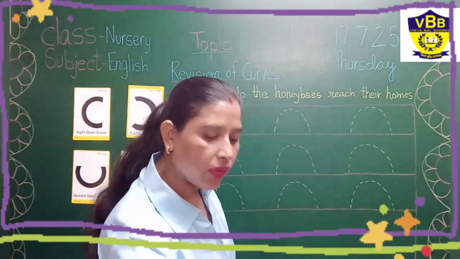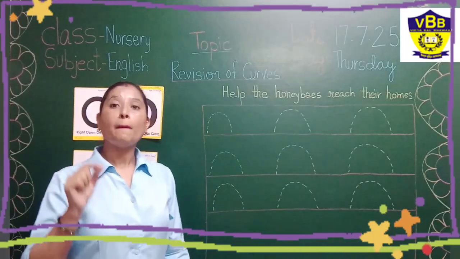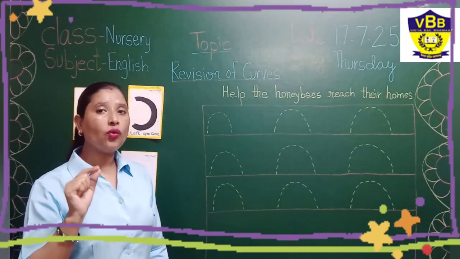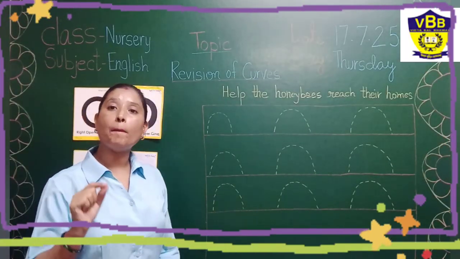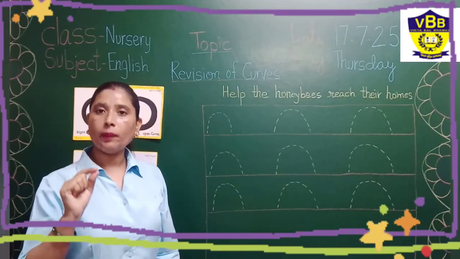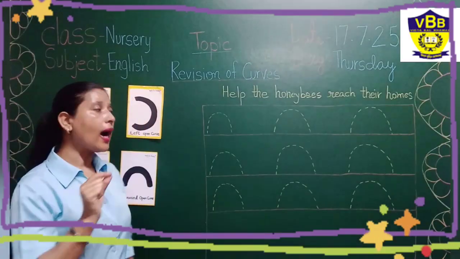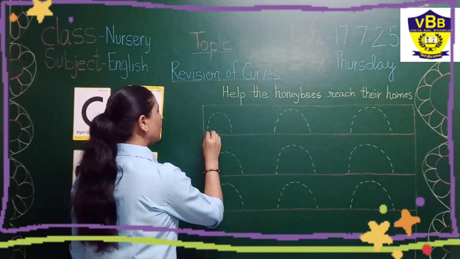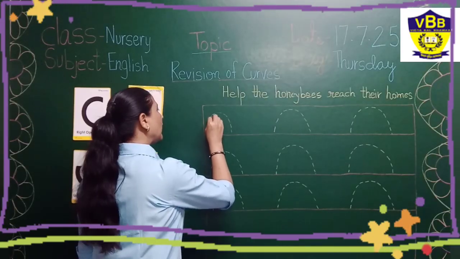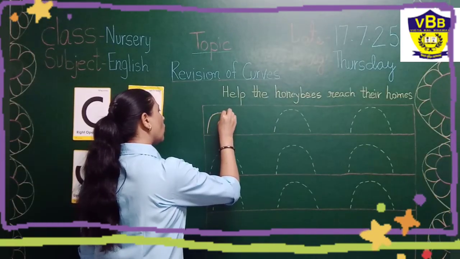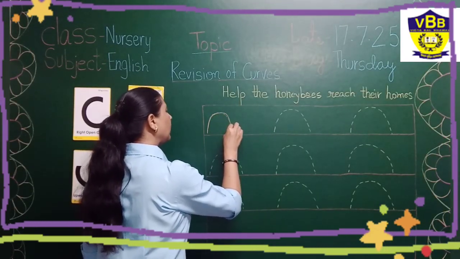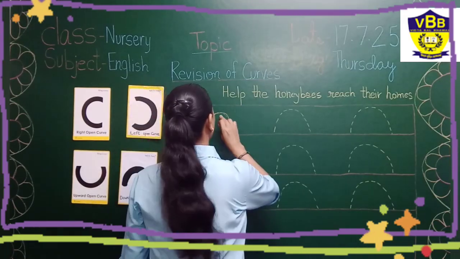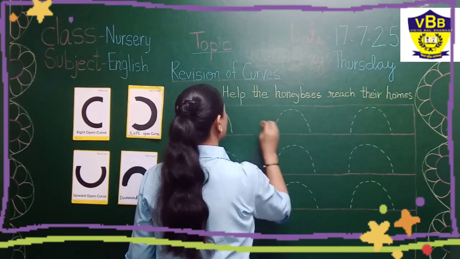Whenever you do the tracing work, make sure you trace on the proper dots. Your pencil should not go outside the dots. So be very careful while you do the tracing of curves or any other letters or numbers.